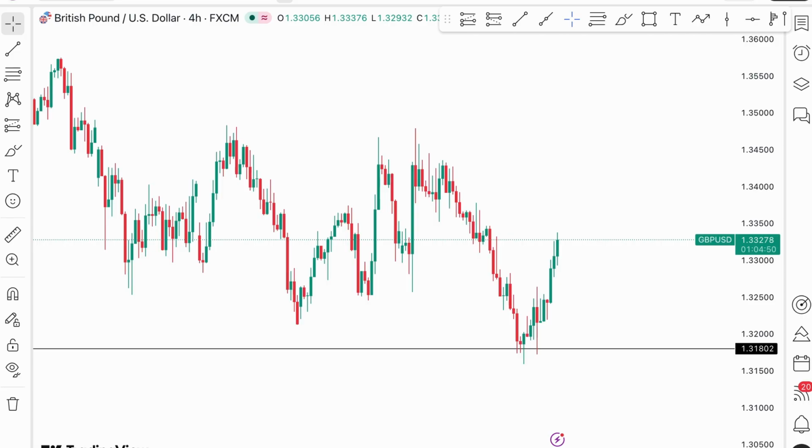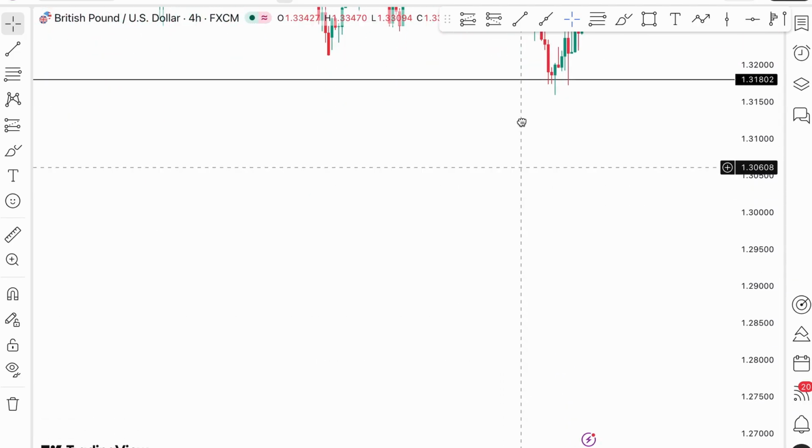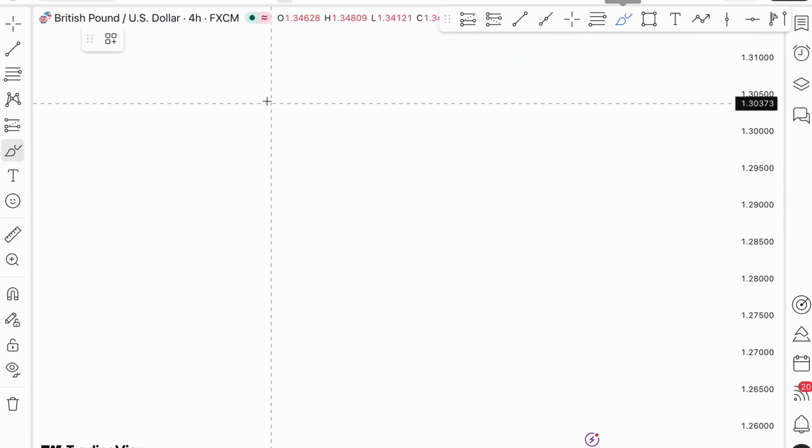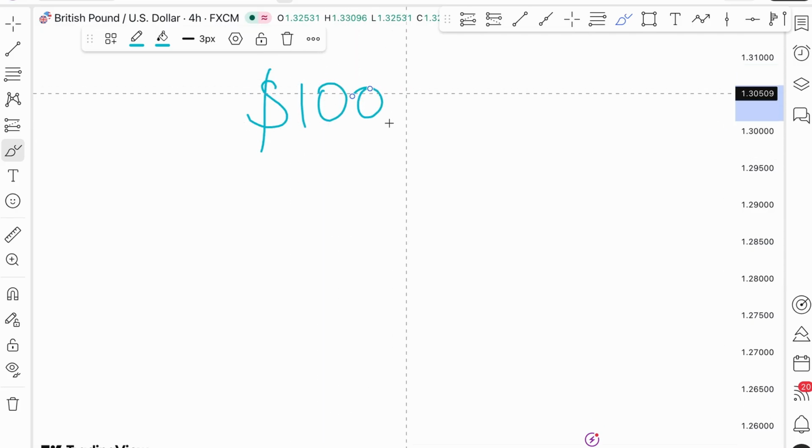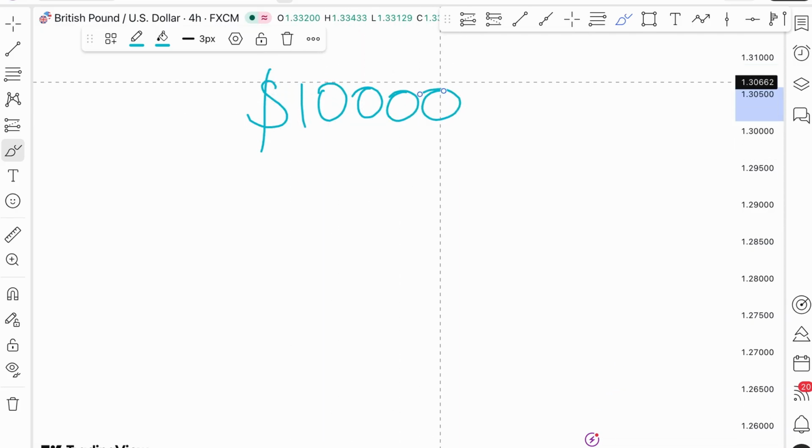Let's say you have an account of $10,000. Then you will risk 1% of that $10,000.